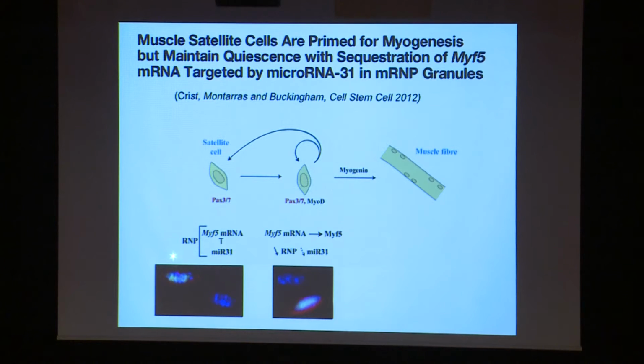And when satellite cells undergo activation, very rapidly MID5 protein goes up, because the mRNA becomes available, and miR31 goes down, the granules disappear, and activation can occur.